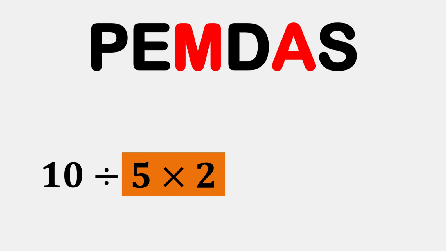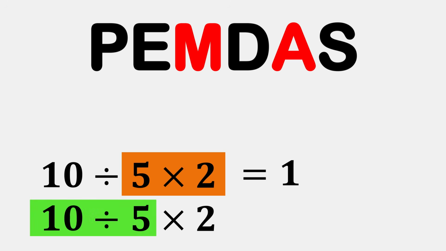If you multiply 5 by 2 first, you get 10, and 10 divided by 10 is 1. But that's wrong. According to PEMDAS, they have equal priority, so we start from the left. 10 divided by 5 is 2, and 2 times 2 is 4. That's the correct answer, you see? Ignoring the order leads to two completely different results.